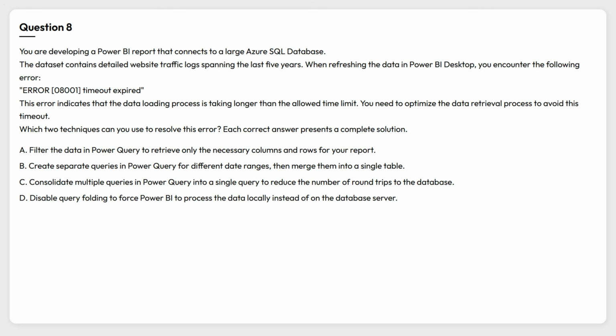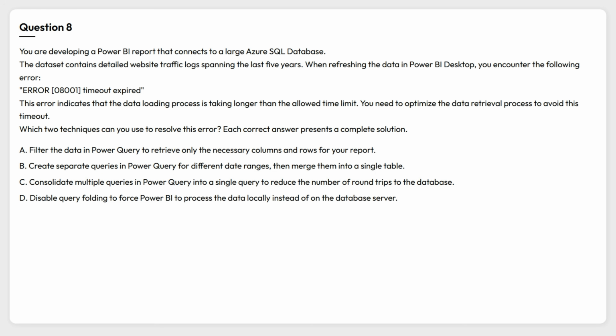Question number 8. You are developing a Power BI report that connects to a large Azure SQL database. The dataset contains detailed website traffic logs spanning the last 5 years. When refreshing the data in Power BI desktop, you encounter the following error.